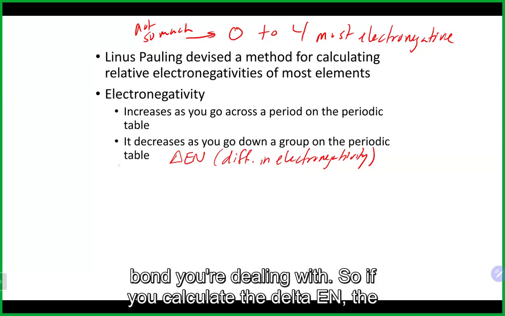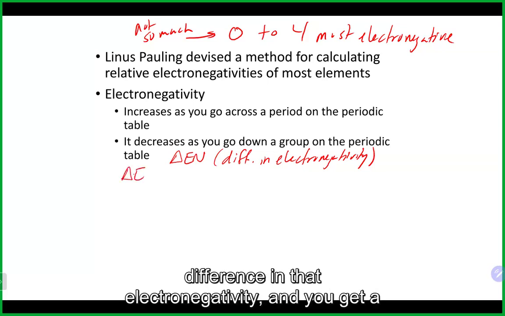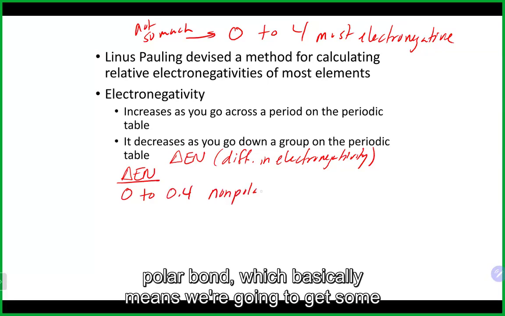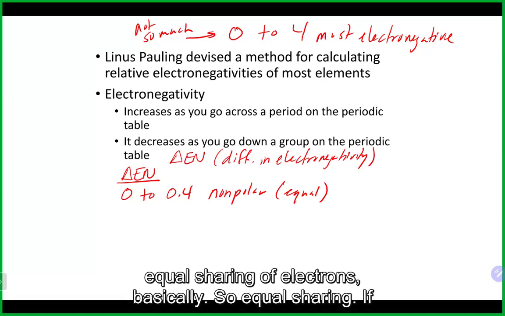So if you calculate the delta EN and you get a value anywhere from 0 to 0.4, that is considered a nonpolar bond, which basically means equal sharing of electrons.